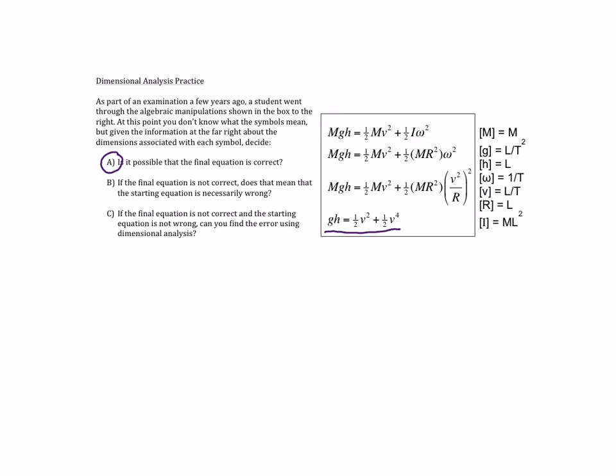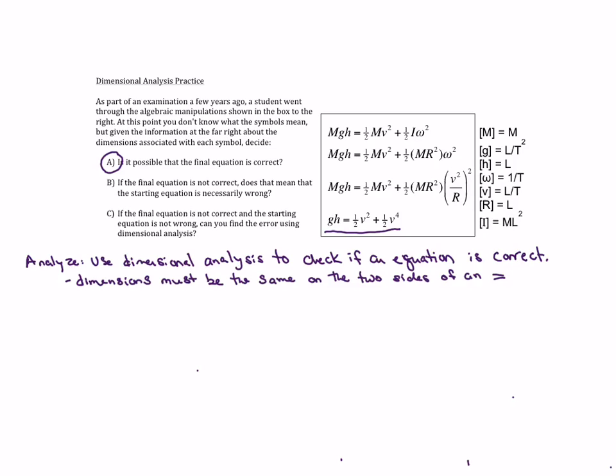So this is clearly the first one. We're using it to check if an equation is correct. And we know that when we're doing this, there's a few aspects of the dimensions that we want to think about. First is dimensions on the two sides of an equal sign must be the same. And the next is that you can only add or subtract things that have the same dimensions.